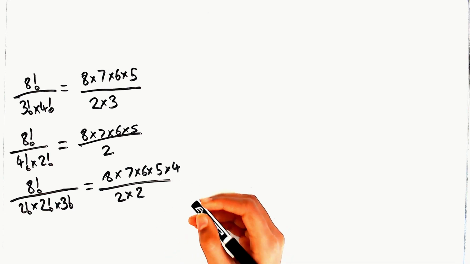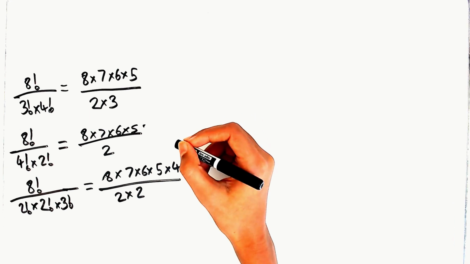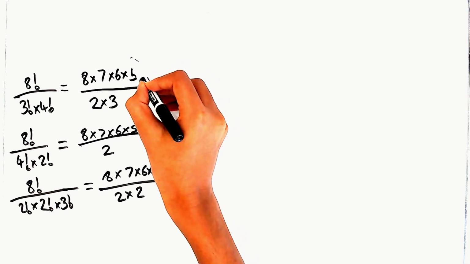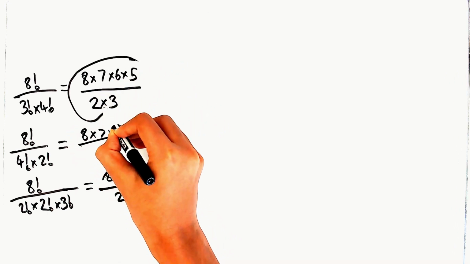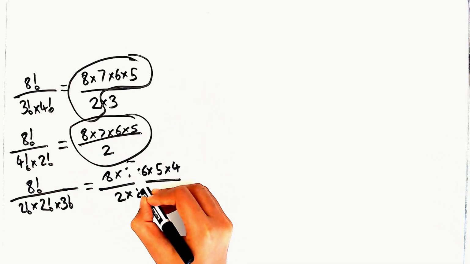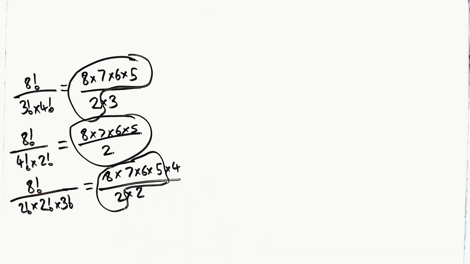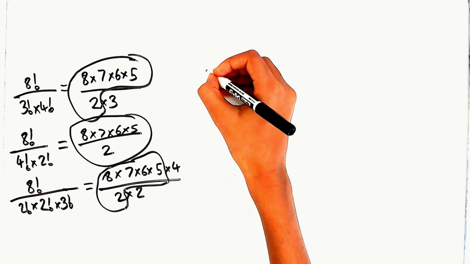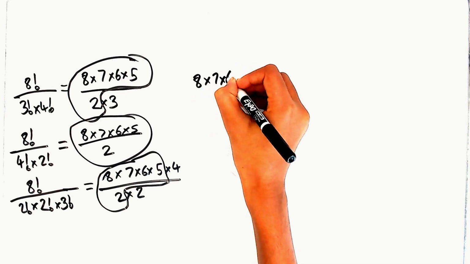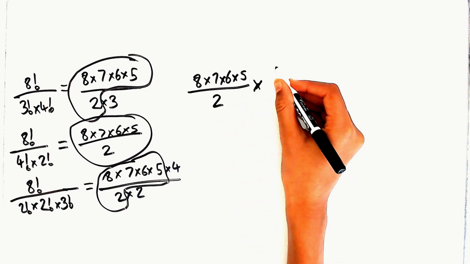Okay, so do you guys notice any numbers that are the same here? Well, if you guys look here, they're 8 times 7 times 6 times 5, and the divide by 2. And same, and this, and it's also over here. So that means we can technically write it as 8 times 7 times 6 times 5 divided by 2 times, and we can actually put brackets here.